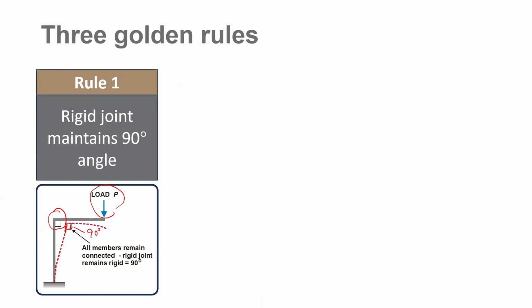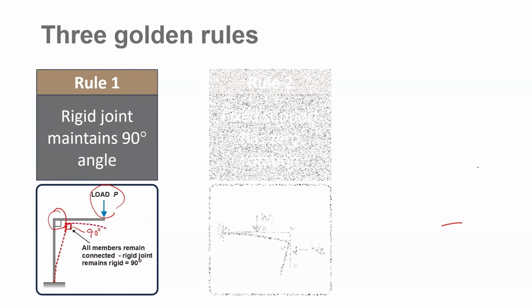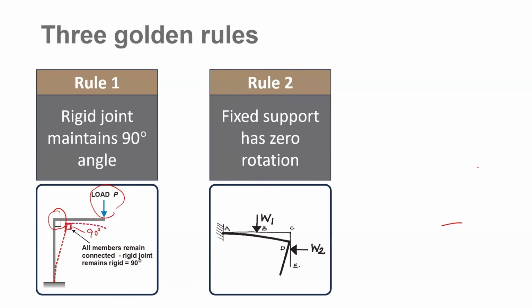It will remain 90 if the joint is rigid. The second rule is that fixed support will have zero rotation. This is a fixed support. Theta over here is going to be 0. So slope or rotation at a fixed support will always be 0.